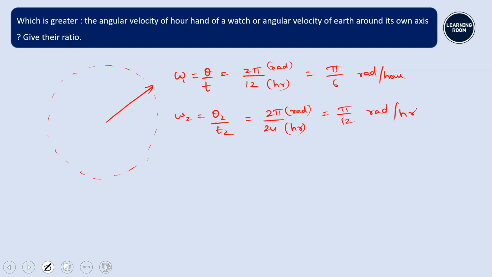If you compare these two values, omega 1 and omega 2, since the denominator for omega 1 is less, I can say omega 1 will be greater than omega 2. If you take the ratio, omega 1 divided by omega 2, it will be pi by 6 divided by pi by 12. Pi and pi will get cancelled. It will be 12 by 6, which is 2 is to 1. So this is the required ratio that they are asking. 2 is to 1.